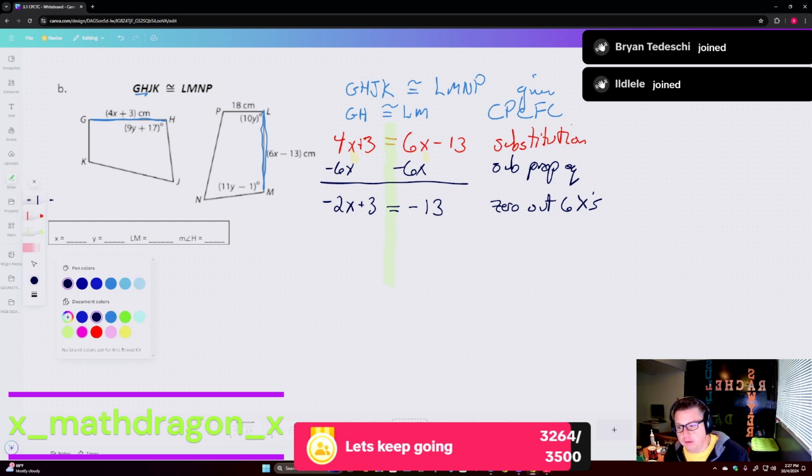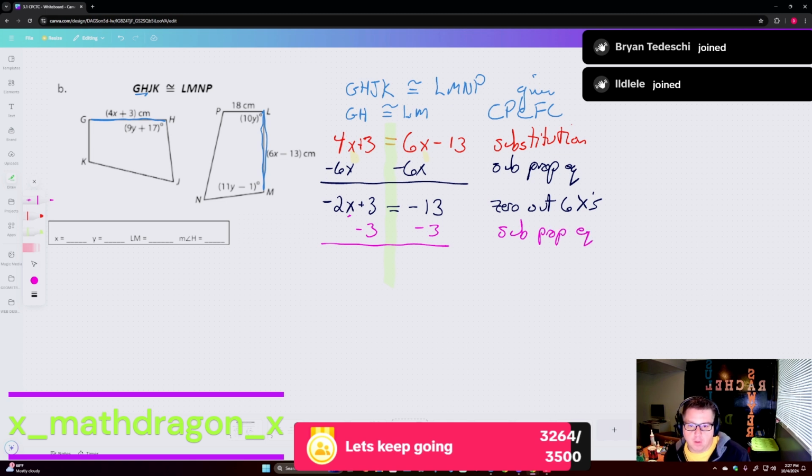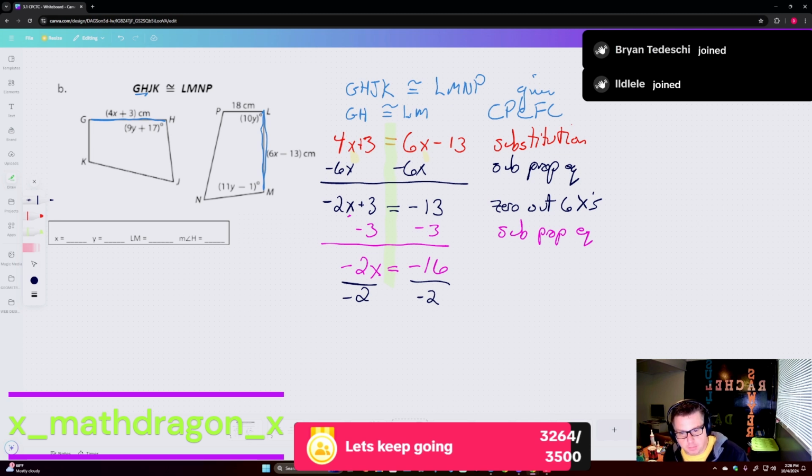Well, in turn then, if I'm still solving for x, I got to get rid of the plus 3. So I'm going to minus 3 to both sides. And subtraction property of equality. We're going to get a negative 2x equals negative 16. And here is where, if you do your math correctly, the negative divided by the negative becomes a positive x.